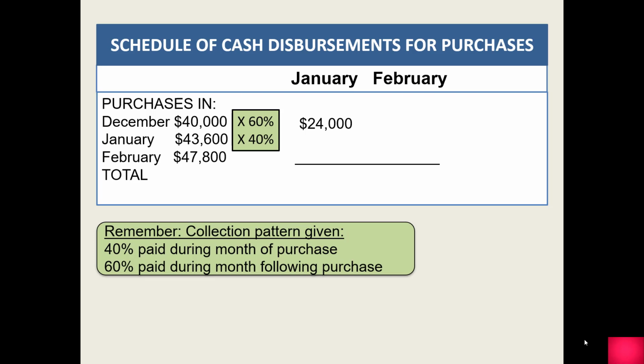That equates to $24,000 being paid for December's purchases and $17,440 for January's purchases. So our total disbursements for purchases of inventory during January are $41,440. So again, while purchases were $43,600, our disbursements of cash to pay for these were only $41,440.